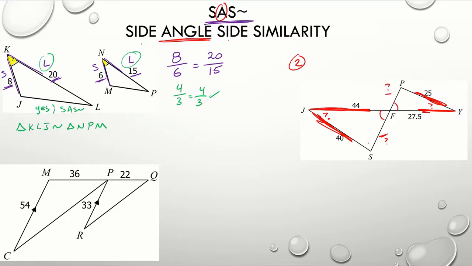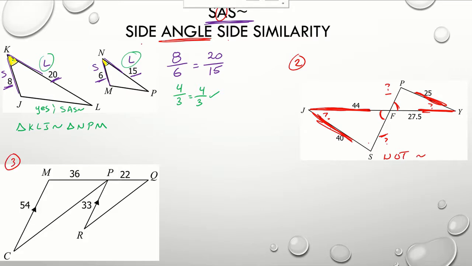So here, yes, I have an angle and I have two sides, but they are not in the order that I need them to be. They're not sandwiching the angle that I need to prove that they are similar by side-angle-side, right? So the official answer would be, I don't have enough information to prove that they're similar, but we're going to go ahead and say they are not similar.